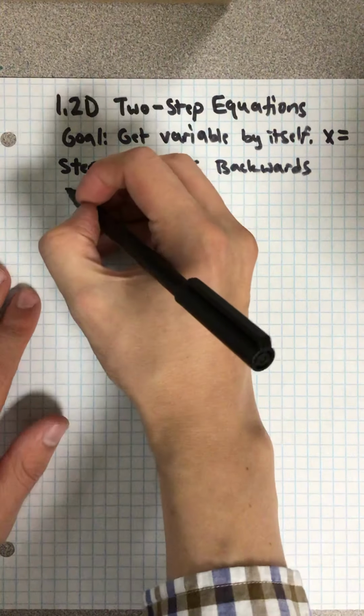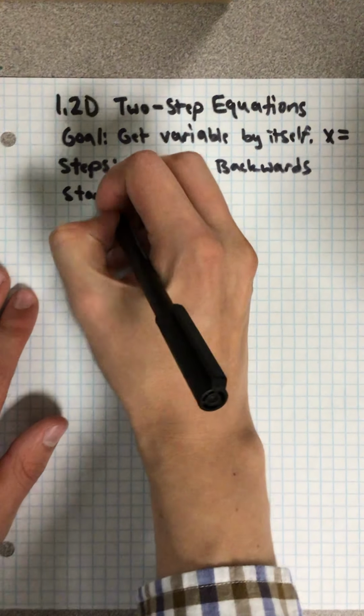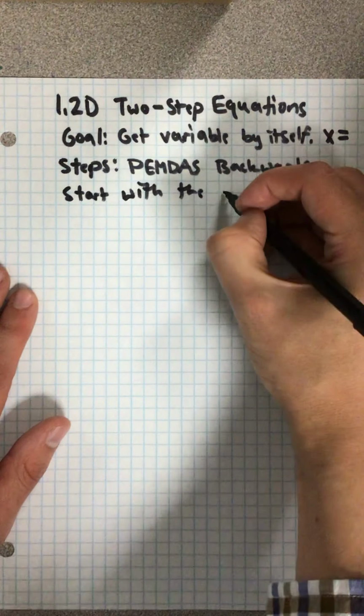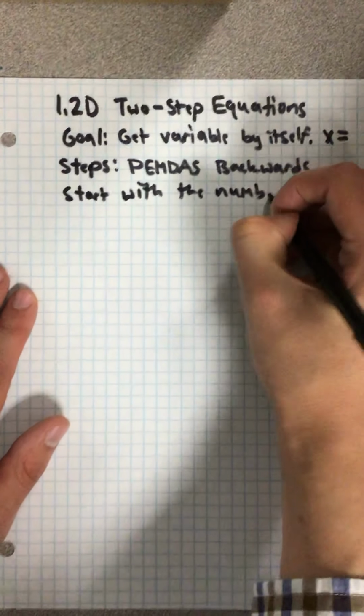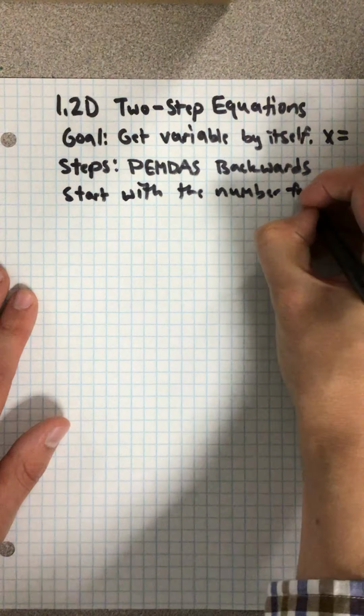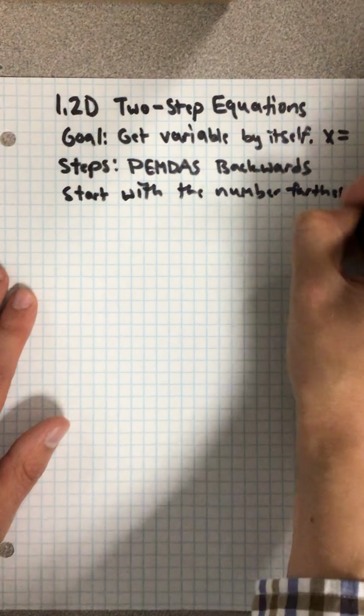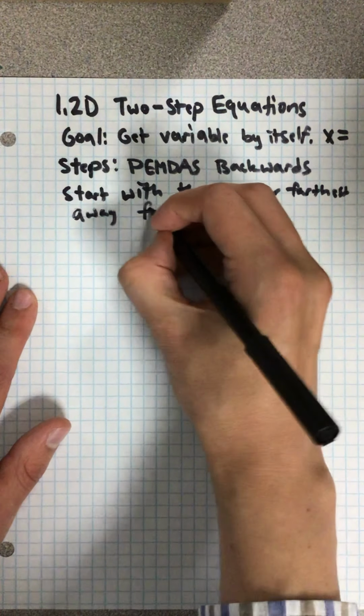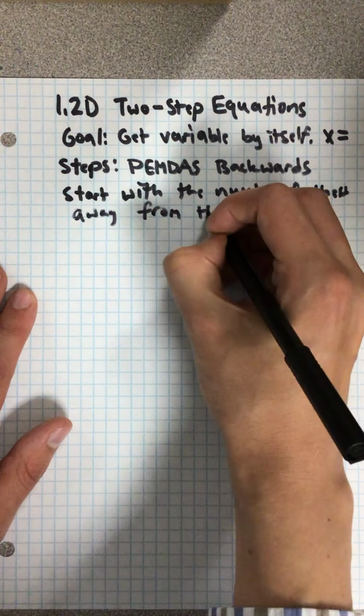In general, what we're going to want to do is start with the number farthest away from the variable.